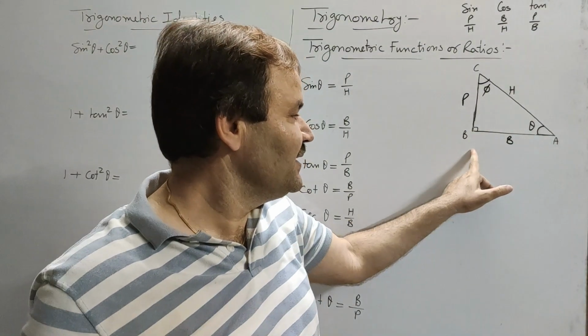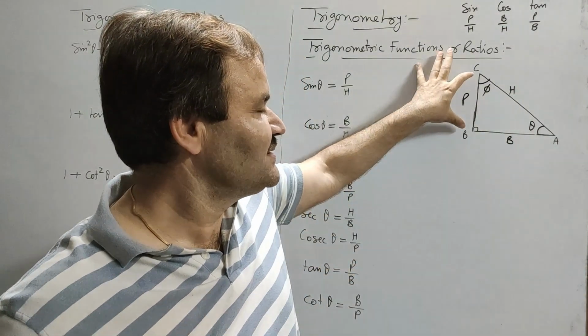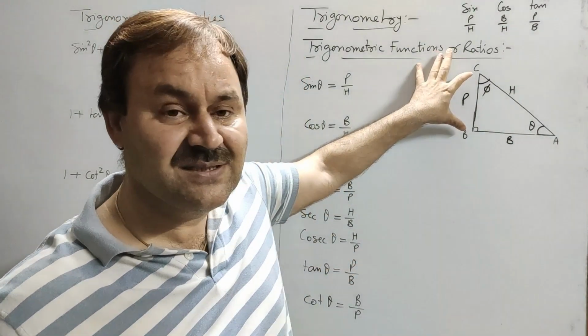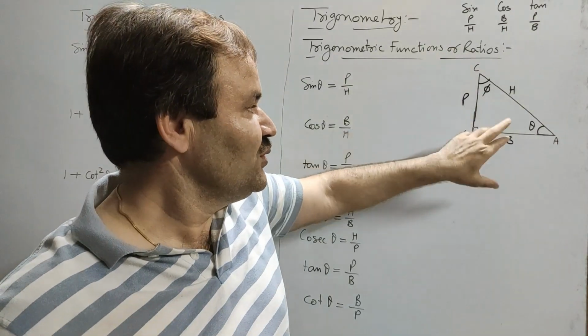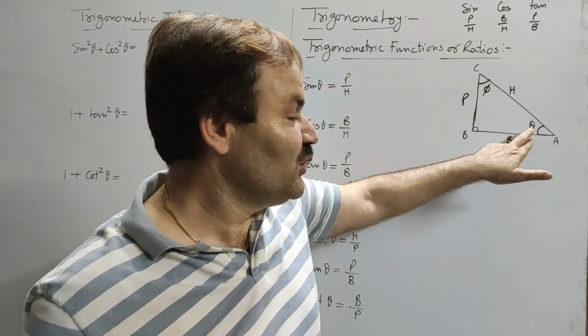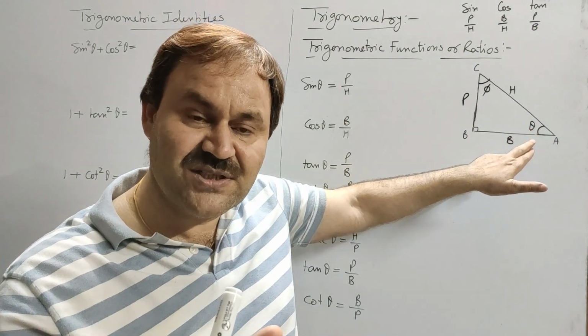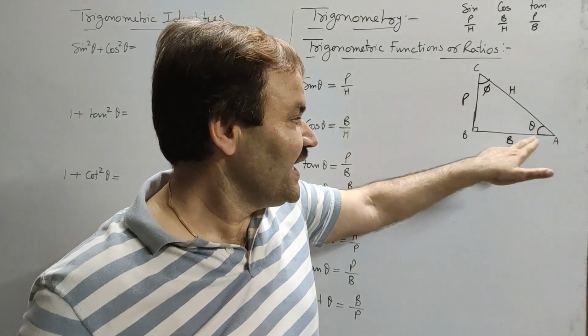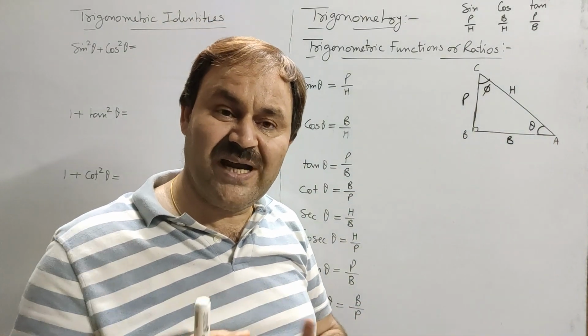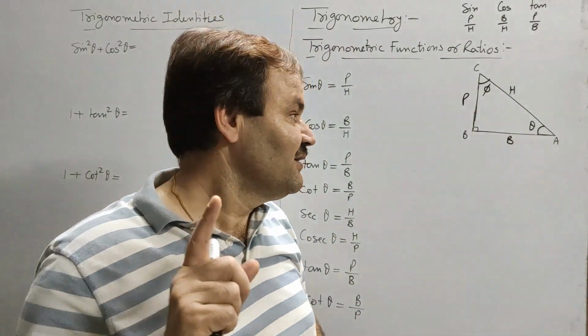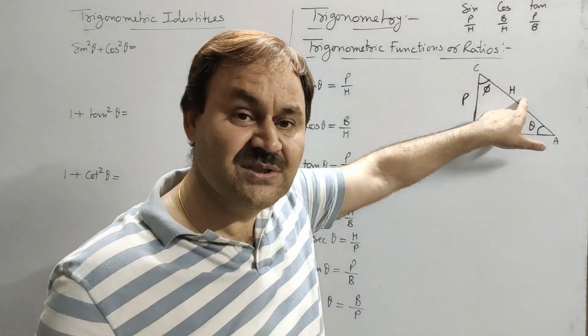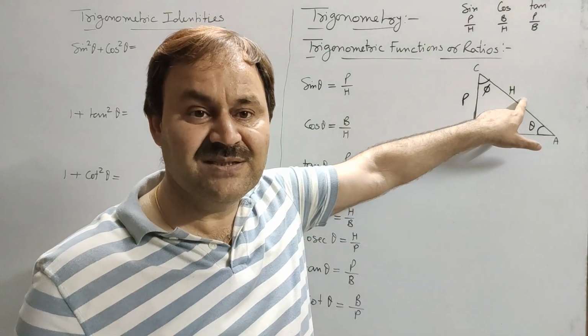So AB will be perpendicular and the third side, that is BC, will be base. So depending upon the angle under consideration, out of the two acute angles, perpendicular and base can interchange, but hypotenuse will always remain the same.